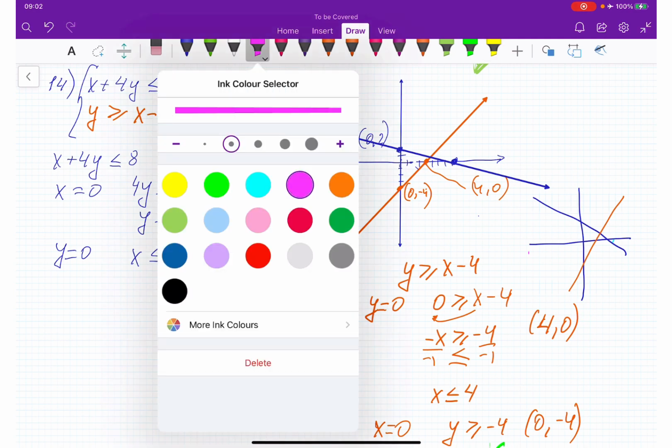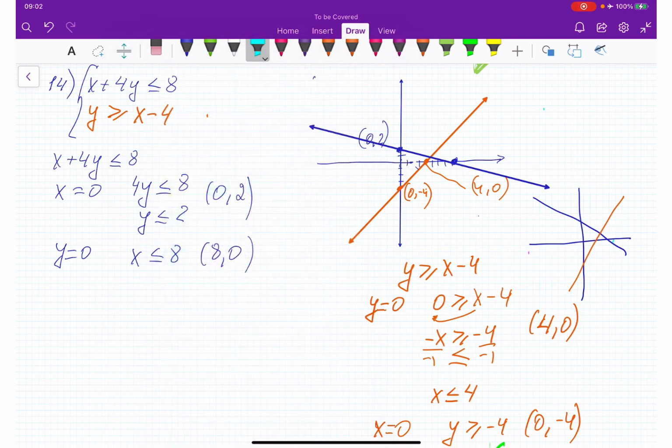First, I'm going to take a better color here. So first one, blue color. We are going to shade blue color. Less than or equal to 2. So this is 2, less than or equal to 2. And x is less than or equal to 8. This is our 8. So it's going to be less than or equal to 8. And this is going to be our shading area.